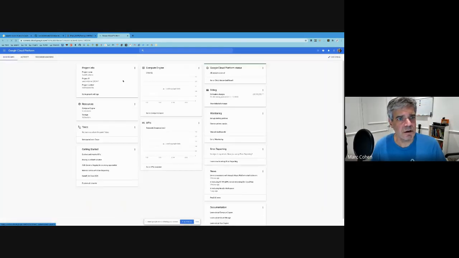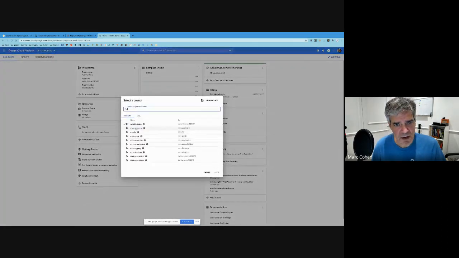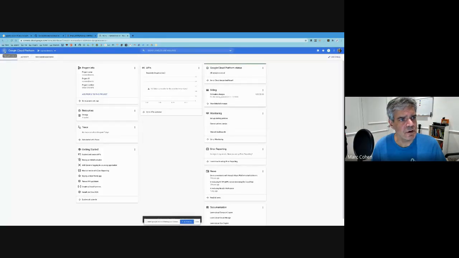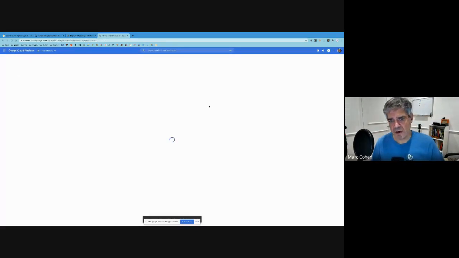For example, I have many projects, so I'm going to set the project to mynewsfeed.io. And then I'm going to move to a particular service that I'm going to use called Cloud Run.